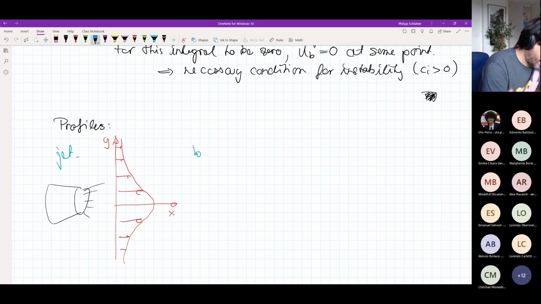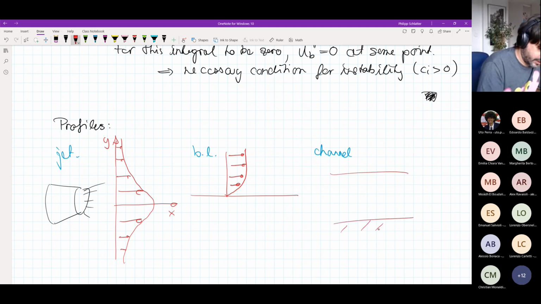Then we can look at a boundary layer, which we have done many times before. So we have a boundary layer profile that maybe looks like this. Then we can look at channel flow. Something like this.